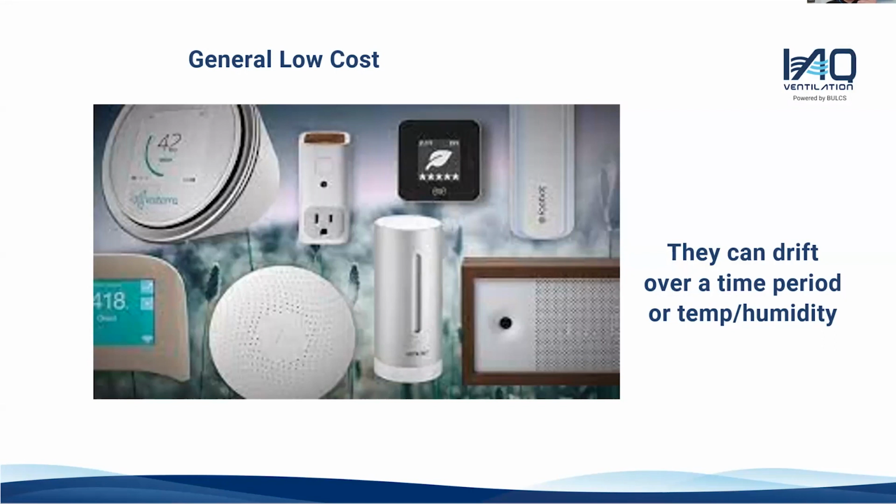Having a sensor is better than not having a sensor, in a sense. However, if you do not have the right sensor in a building, the sensor can drift because of hot and cold, and if the sensors are not calibrated or cannot calibrate through algorithms, then they may only look at temperature and humidity, or some sort of carbon dioxide.